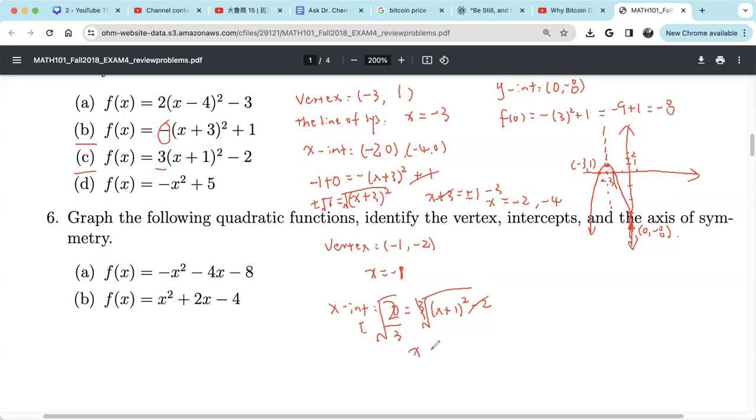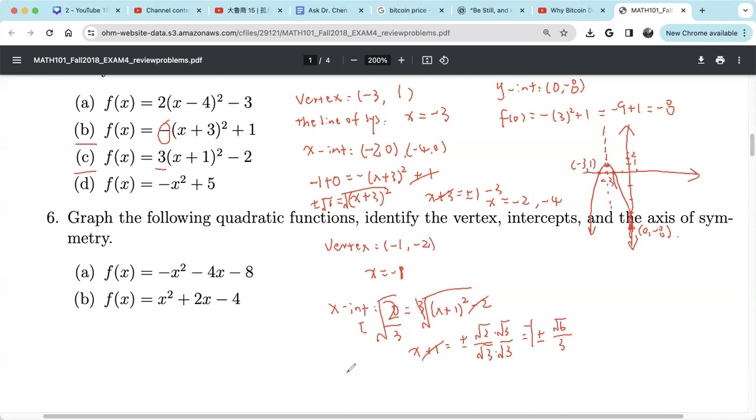So we get x plus 1 equals positive and negative square root 2 over square root of 3. And we may rationalize this by multiplying by square root 3 over itself. So that becomes plus minus square root of 6 over 3. Now minus 1 on both sides, so -1 plus minus root 6 over 3.